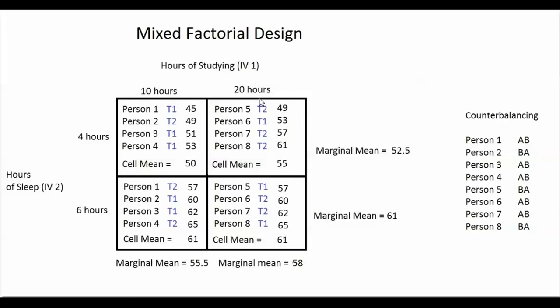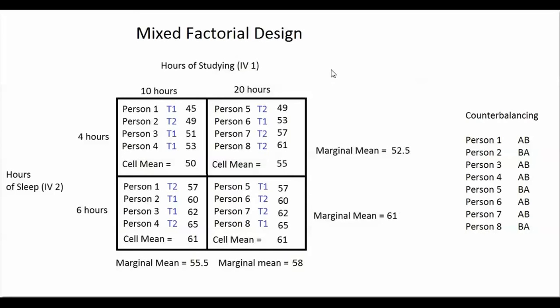One major disadvantage of a within subjects factorial design is that you're testing each person a large number of times because each person has to go through all cells of the experiment. In a 2 by 2 factorial design, there's 4 conditions, which would mean that each person would have to be tested 4 times in a within subjects factorial design.